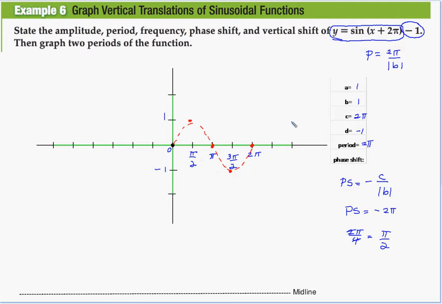And now the phase shift. The phase shift is minus 2 pi. That means every single point on the graph will be translated to the left 2 pi units. So 2 pi minus 2 pi is 0. 3 pi over 2 minus 2 pi equals negative pi over 2. Pi minus 2 pi is negative pi.